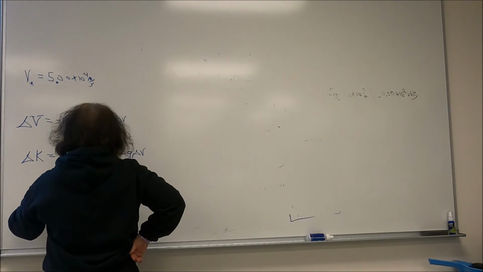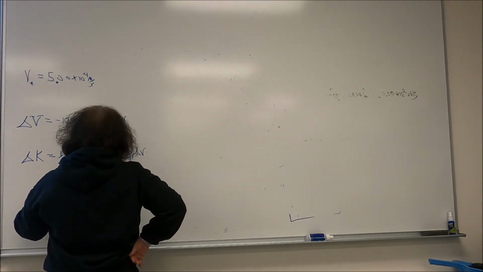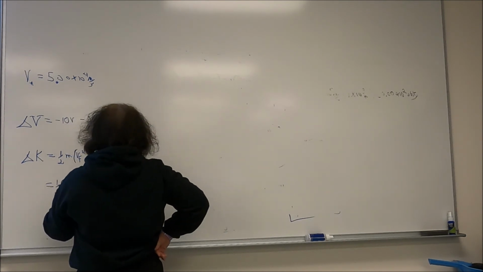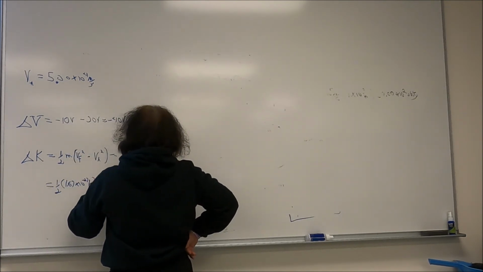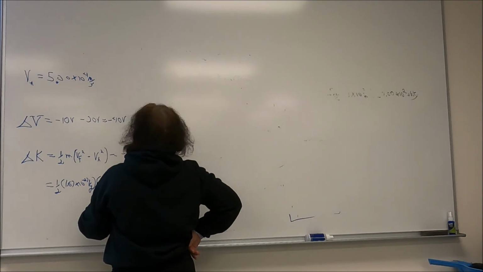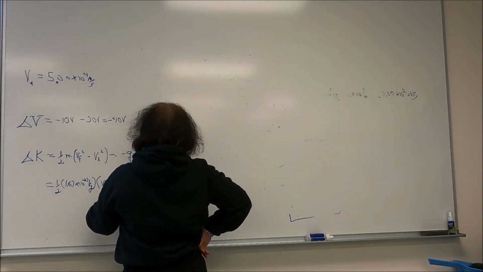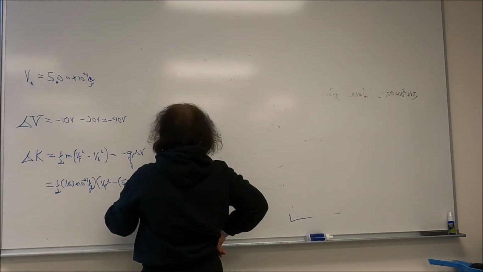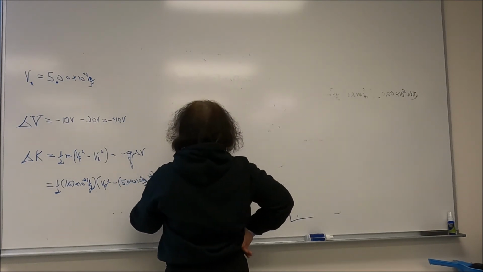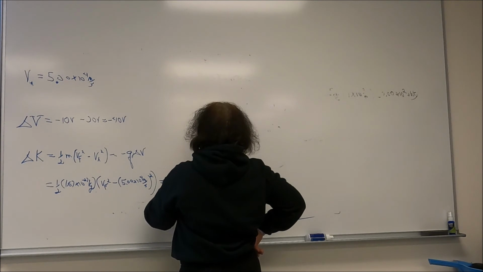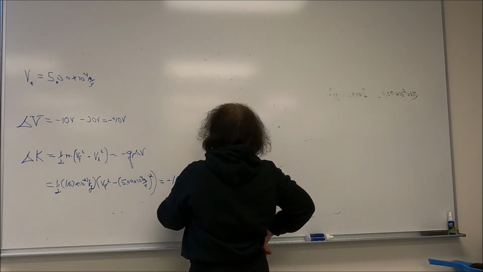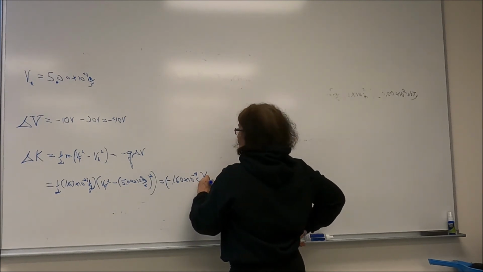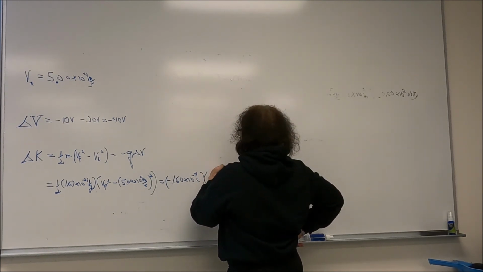So I have 1/2 times 1.67 times 10 to the minus 27 kilograms, V final squared, minus 5.00 times 10 to the 4 meters per second, squared, has to equal the negative of 1.60 times 10 to the minus 19 coulombs times minus 40 volts.